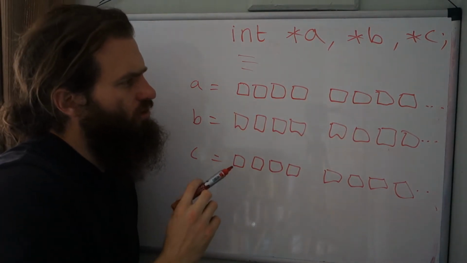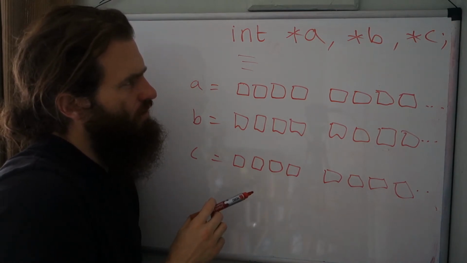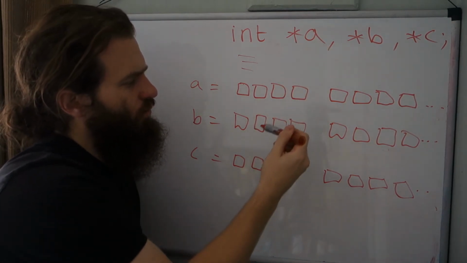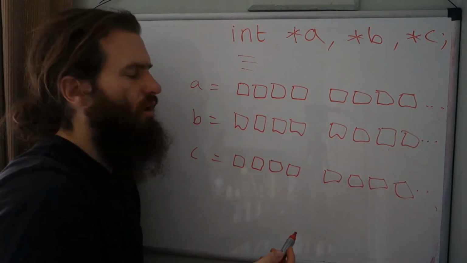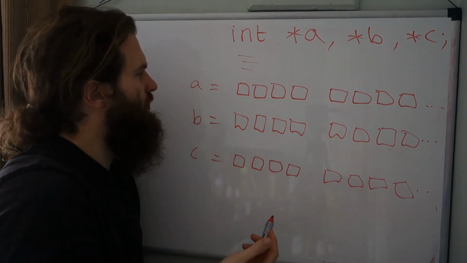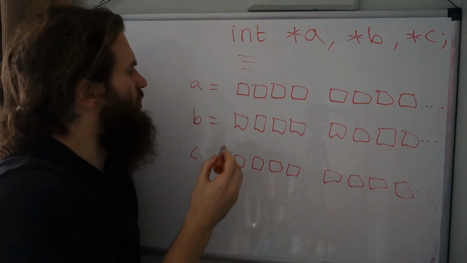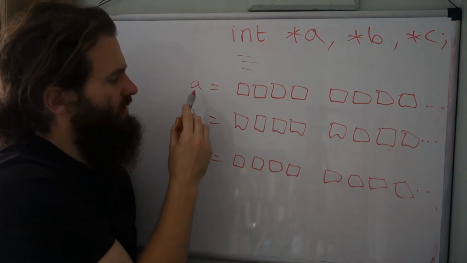If we want a two-dimensional array, so say these were 3 rows of a two-dimensional array, essentially what we want to do is we want to index into here.